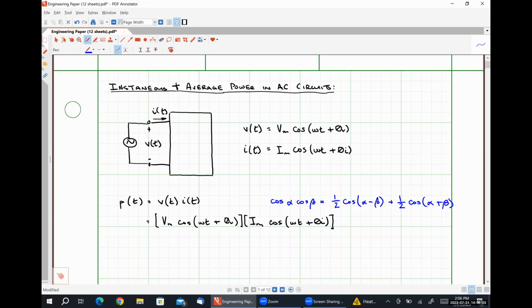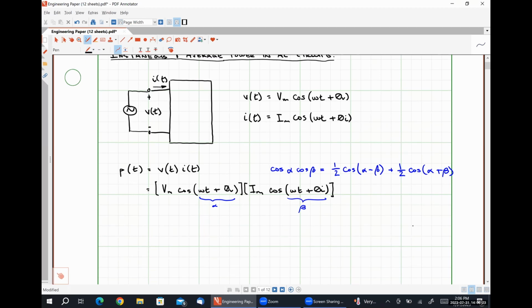Where in this case, alpha is this whole angle omega t plus theta v, and beta is this whole angle omega t plus theta I.